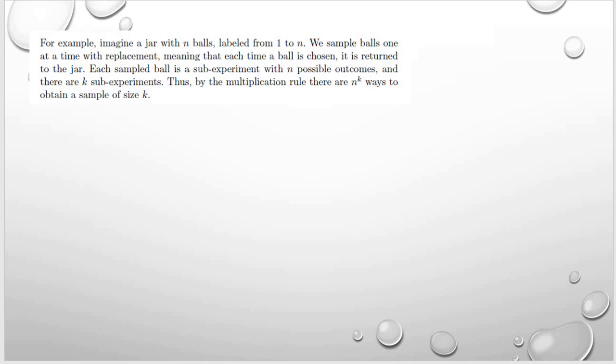So if we sample with replacement, then that means after we take a ball out, we put it back. So that would be like allowing people to have the same birthday, in the context of the birthday problem.